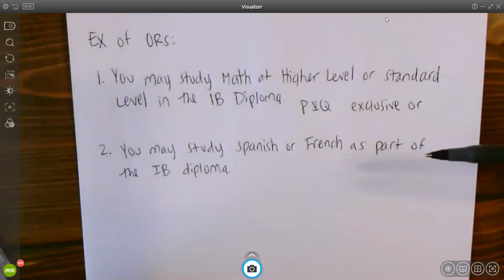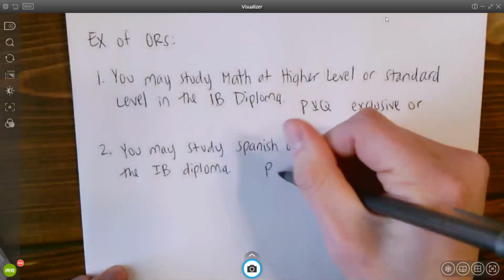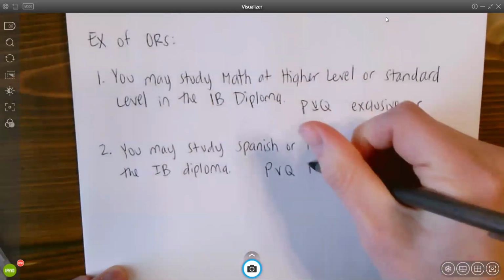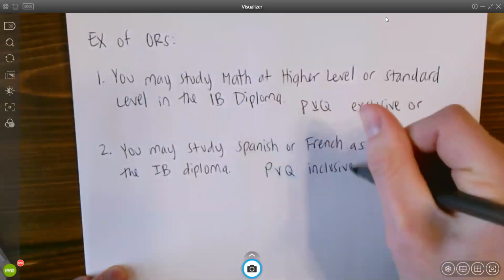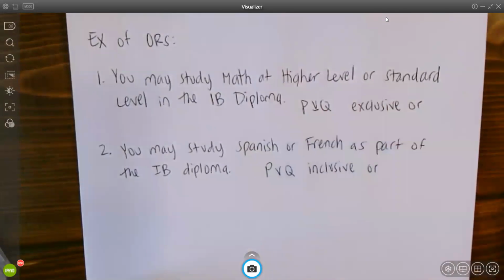You could take one of those foreign languages, or you could take both. Okay, so hopefully that's a little bit helpful. And let's actually maybe look at a couple more.